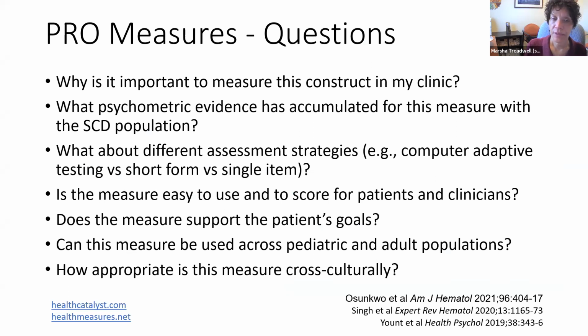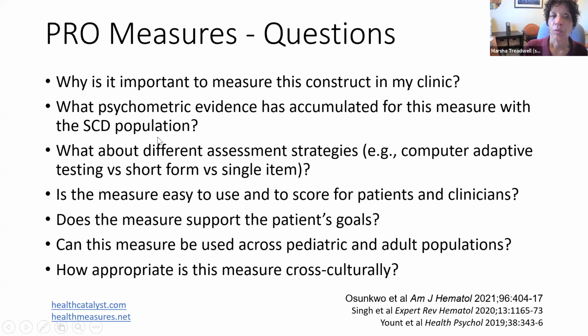So for example, in the adult sickle cell quality of life measurement system, one of our measures is called stiffness. And for the older patient, that was very important. For the younger patients, 18, early 20s, that measure was not that important, but it was very highly endorsed as important by the older patients.